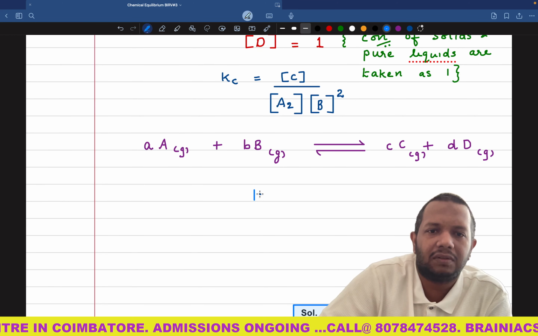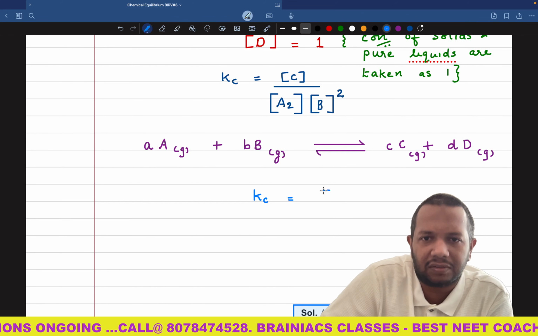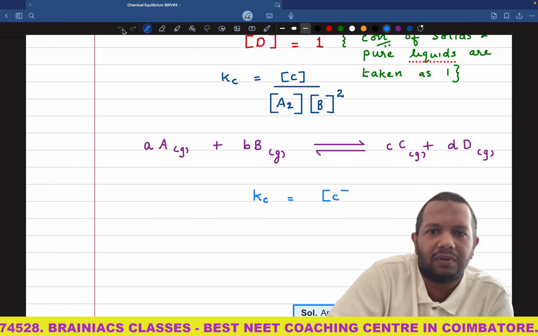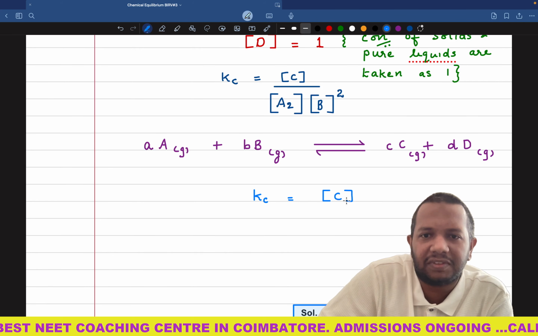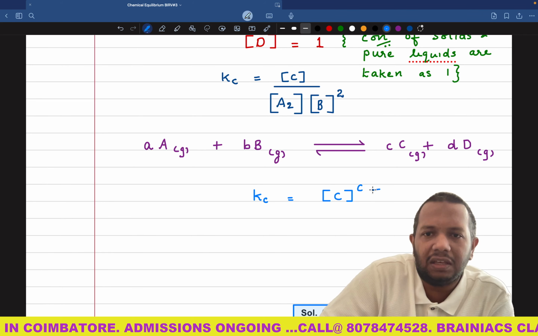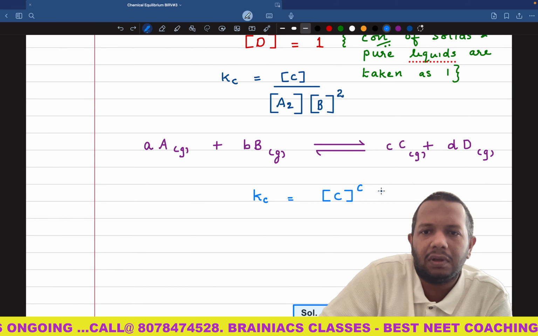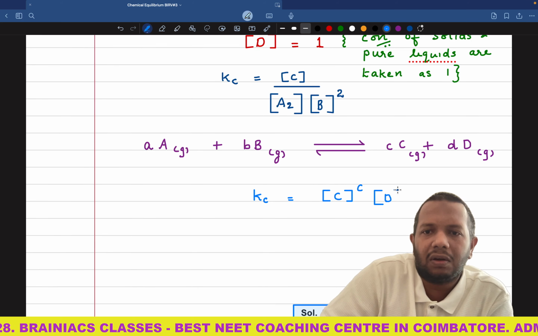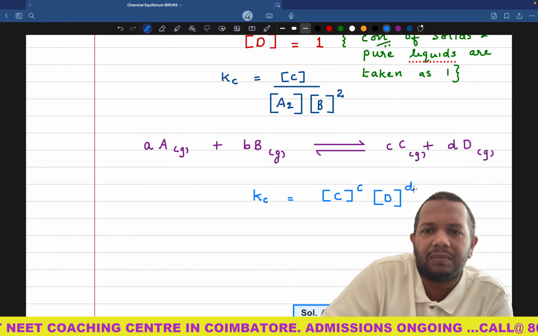Very simple. So when I am going to apply Kc, what you need to do? Concentration of the product, so concentration of C. So what is its coefficient? Tell me, sir, what is its coefficient? Coefficient is also c. So concentration of C raised to c, into concentration of D, whole raised to what it will become? Again, coefficient is d.